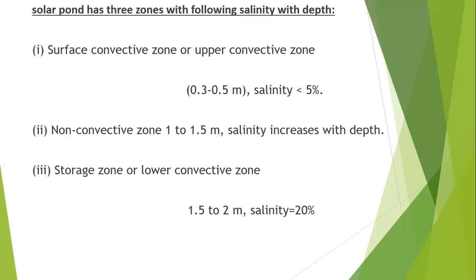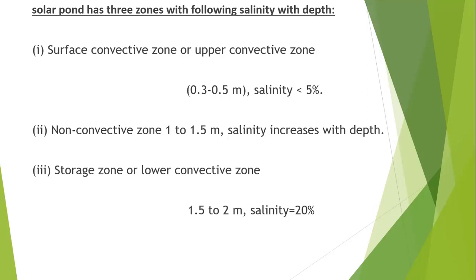In the upper convective zone we have fresh water on top. The depth of this zone is around 0.3 to 0.5 meters, and the salinity, the percentage of salt present, is less than 5%.